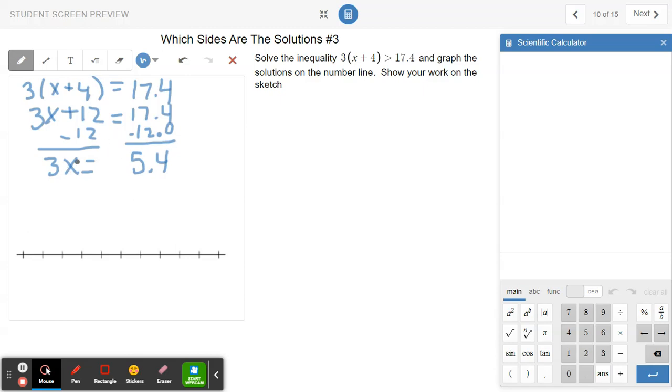So we know 3x's are equal to 5.4. So if I want to know what 1x is, we just have to divide both sides by 3 because that's what's with our x, right? So I am going to put that in the calculator. So we have 5.4 divided by 3, and we get 1.8. So I know that x equals 1.8.